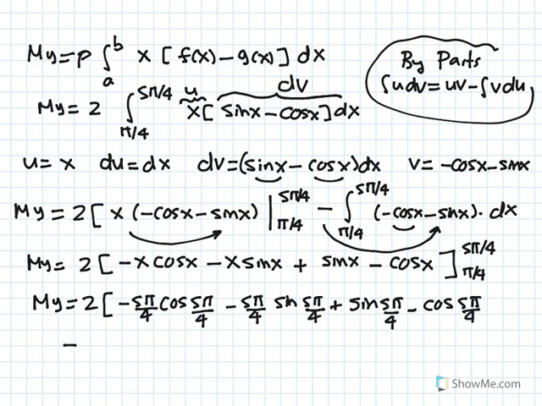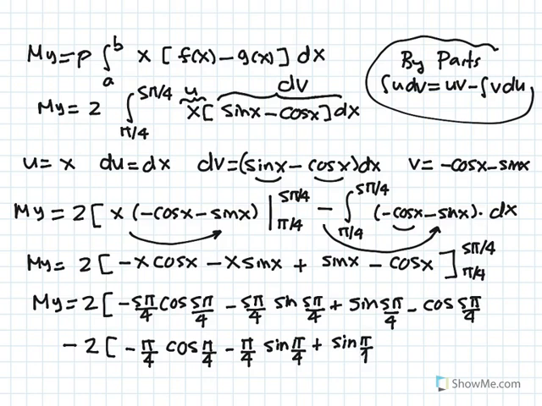Subtract, now put the lower limit in, minus 2 times negative pi over 4 cosine of pi over 4 minus pi over 4 sine of pi over 4 plus sine of pi over 4 minus cosine of pi over 4. And close off the bracket.